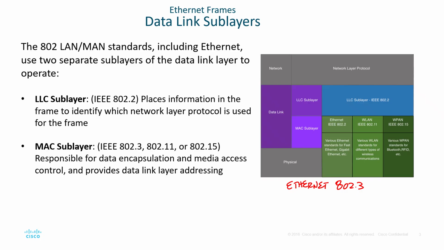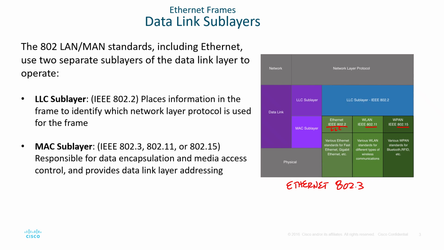Okay, and then you see them broken out. 802.2 is your logical link layer. WLAN is 802.11, your wireless. WPAN is 802.15, your Bluetooth. Your various Ethernet standards for fast Ethernet, gigabit, etc. And then under your WLAN, you have various WLAN standards for different types of wireless communications.